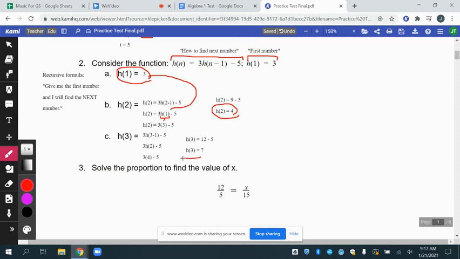Notice in recursive formulas, actually, no, I'll do it the same way as we did before. I'll make this go down here. This is h of 2, which is 4. Okay, to find each number, you plug in the last number that you got. You don't just plug in a number for n and you get an answer.